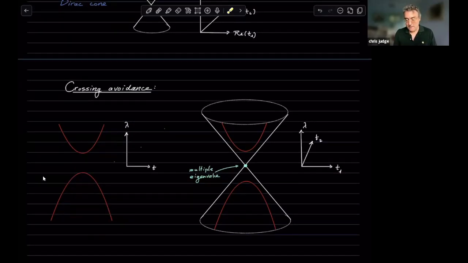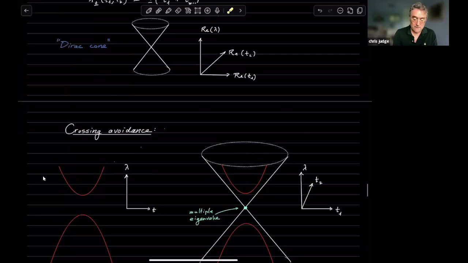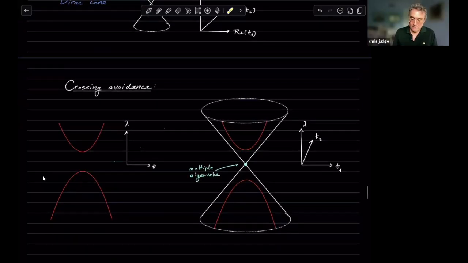And what they realized is that the thing that explains this heuristically is the following: if you take your parameter t and you include another parameter, then it's very likely that you'll see a cone. These cones not only exist, but in some sense they're the simplest singularity you can expect to exist in 2 dimensions.